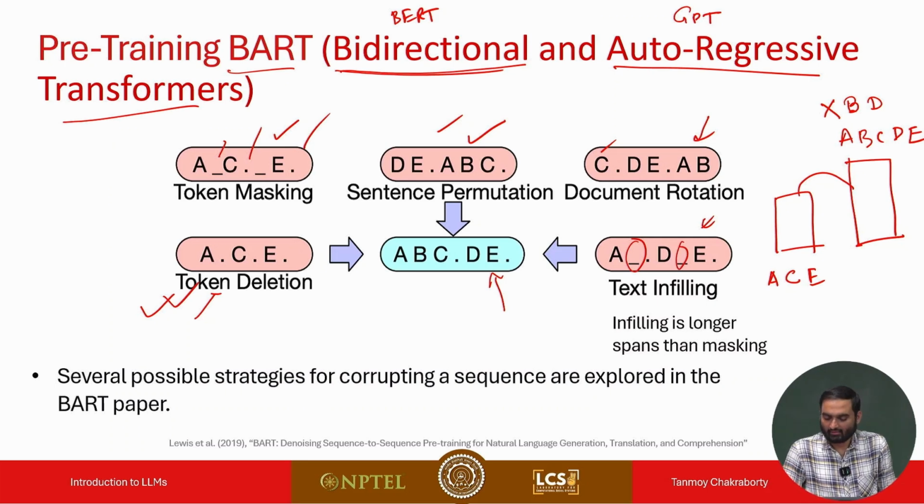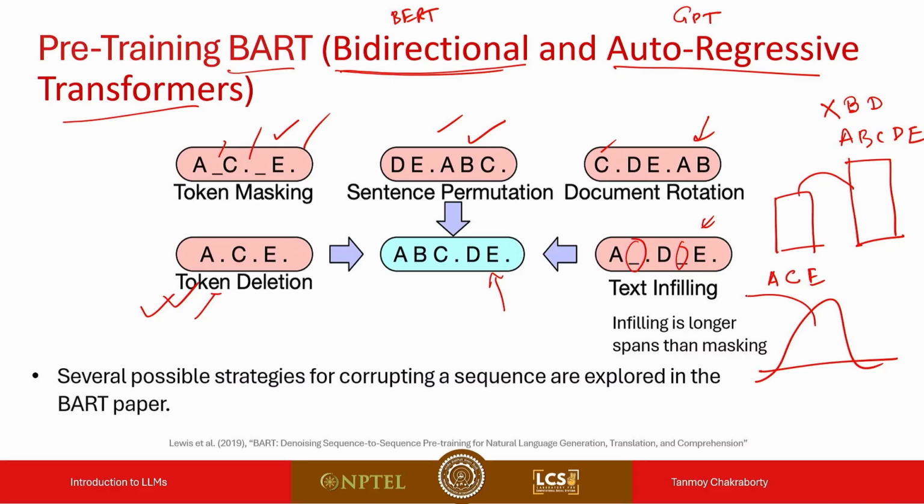And what they said is that there is a distribution. From the distribution, they sampled the size of this masking, right? If the size is 1, you just mask 1 token. If the size is 3, you mask 3 consecutive tokens, and so on. So they randomly chose some of the positions, and they sample a number from the distribution, and that sample tells you the size of the tokens that you are masking, right?